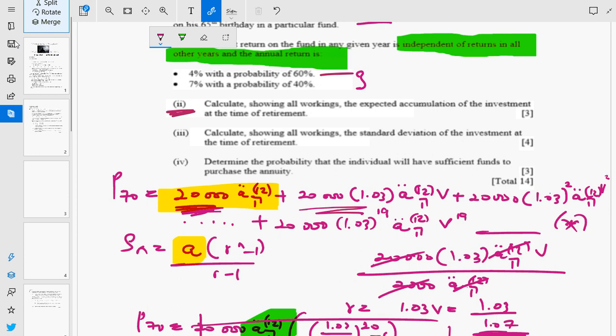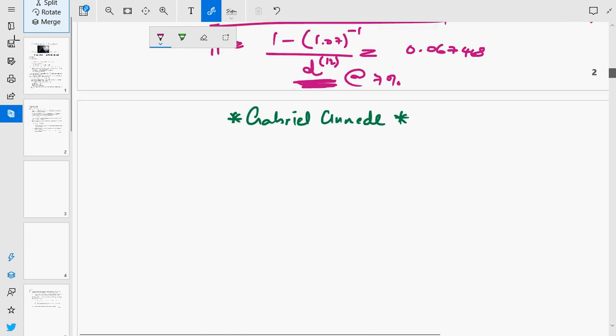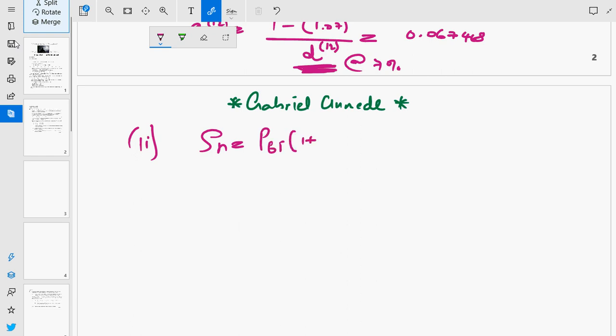So you must recall the formula. Now we are answering part 2 of our question. We know that Sn will be our principal amount at age 65, and we're going to accumulate this. They're looking for the accumulated value to age 70, so that is 5 years.